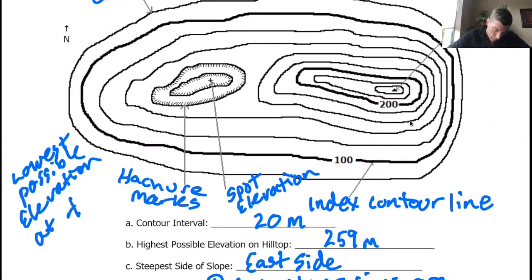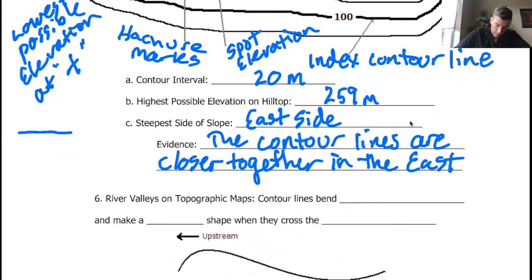So there's a plus sign with quotes around it. We're going to fill in a question that's not actually there. If you're looking back at your notes, you know what we were talking about. So I'm just going to write plus sign there, which is the spot elevation.